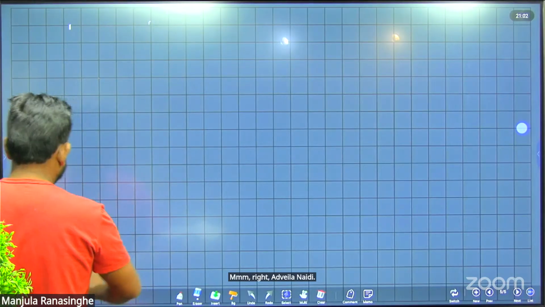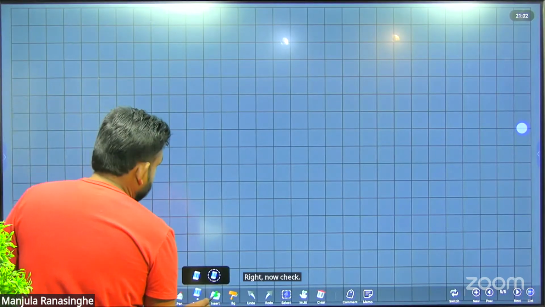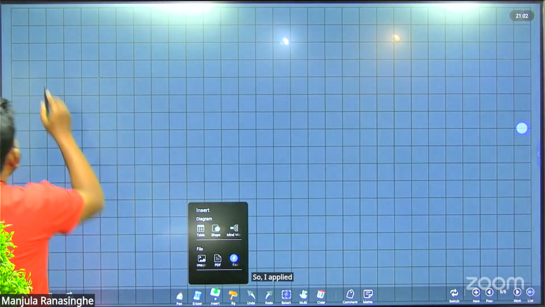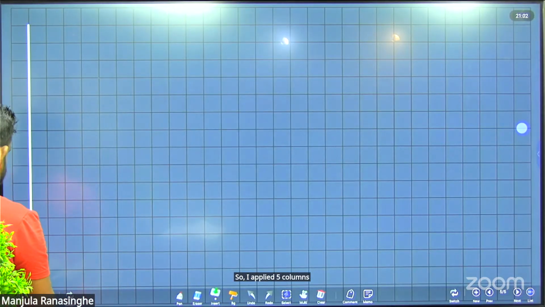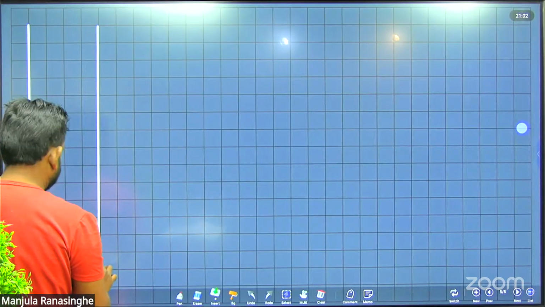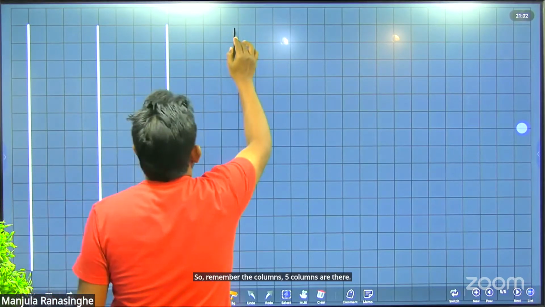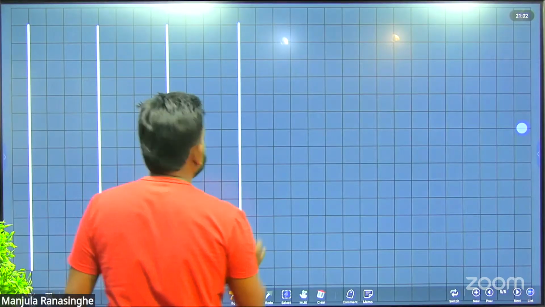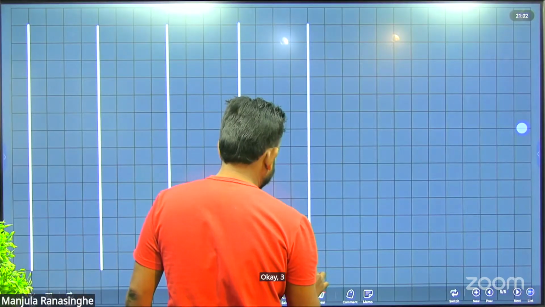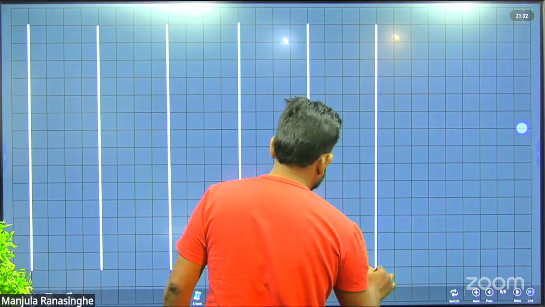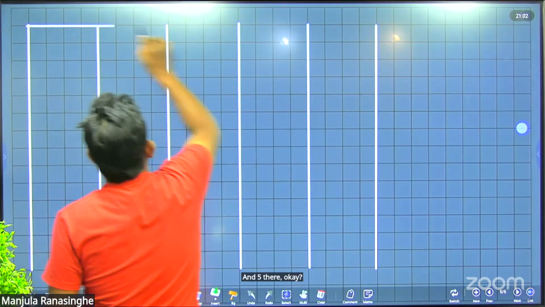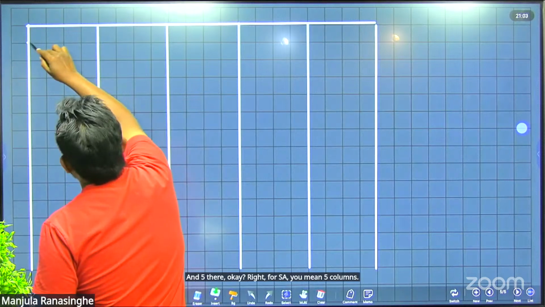Now check. So I applied 5 columns. Remember the 5 columns: 1, 2, 3, 4 and 5. For the assumed mean method there are 5 columns, while with mid values only there are 4 columns.